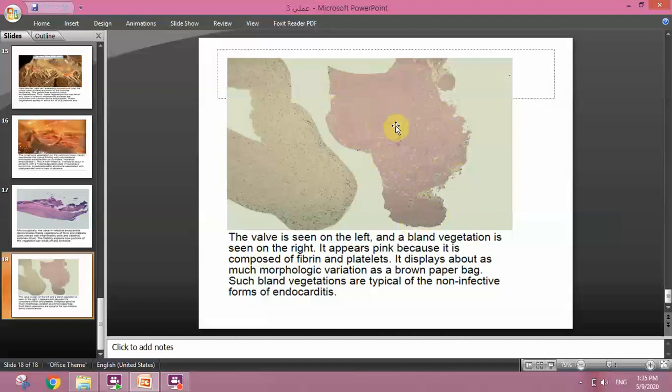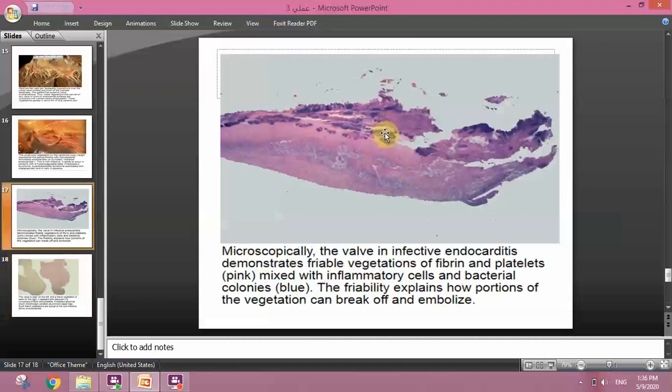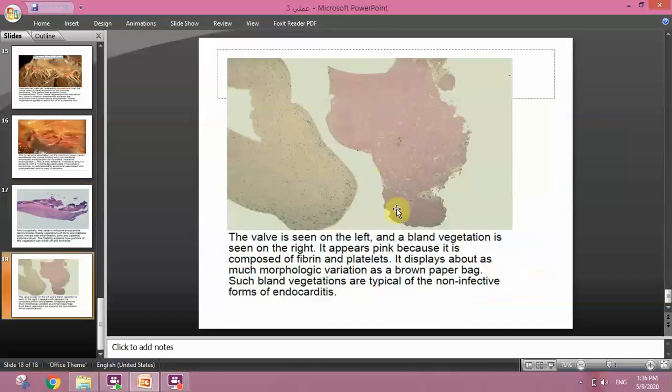So we compare: this is the mitral valve, a heart valve, and in this vegetation the dark blue dots are bacterial colonies. Here there is only clot, only thrombus, no inflammatory cells and no bacteria. Thank you.